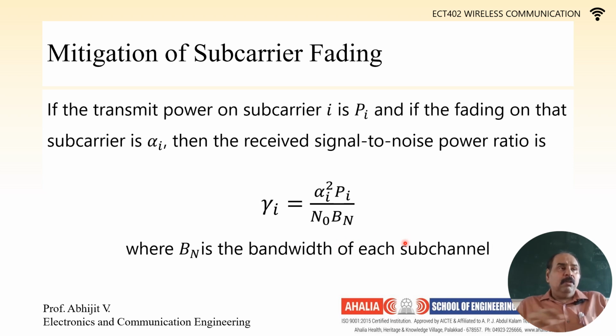alpha i square Pi by N naught Bn, where Bn is the bandwidth of the subchannel. So we are always presuming that we are dividing the whole bandwidth into an equal number of subchannels, so that the bandwidth of each subchannel will be B by N, where N is the total number of subchannels and B is the total bandwidth.